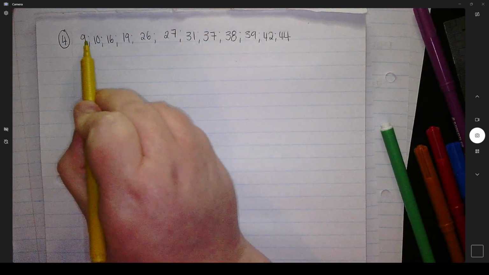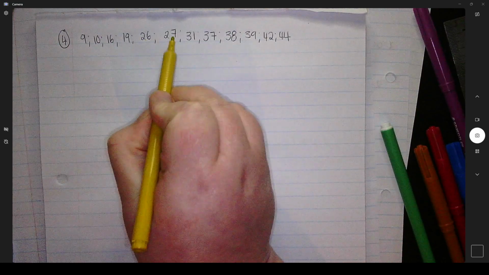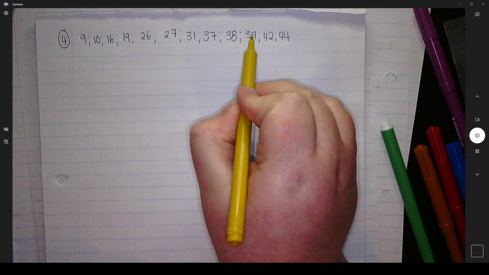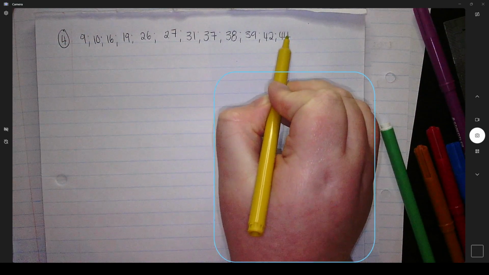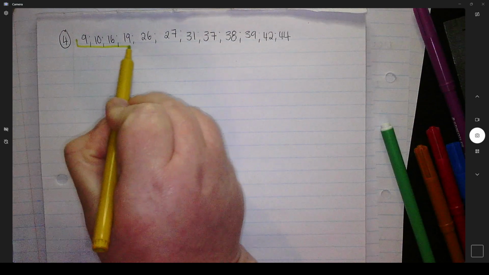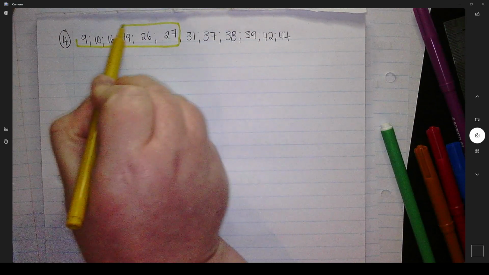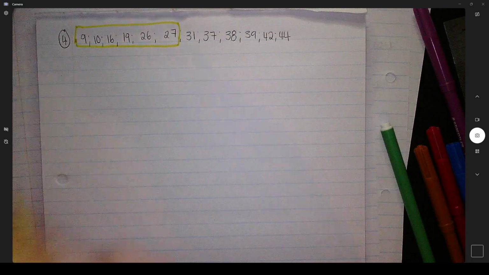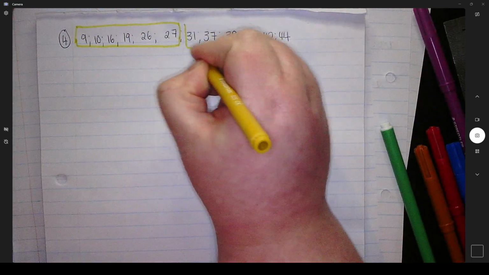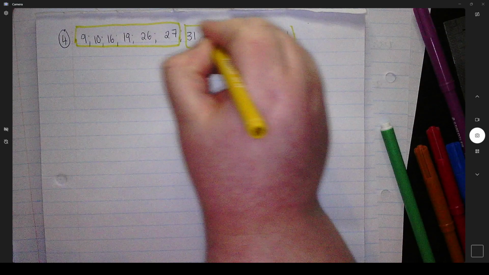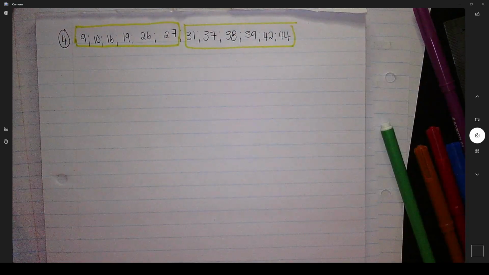So we have 1, 2, 3, 4, 5, 6, 7, 8, 9, 10, 11, 12 values, which means that I have 6 values in my lower half and 6 values in my upper half to work with.